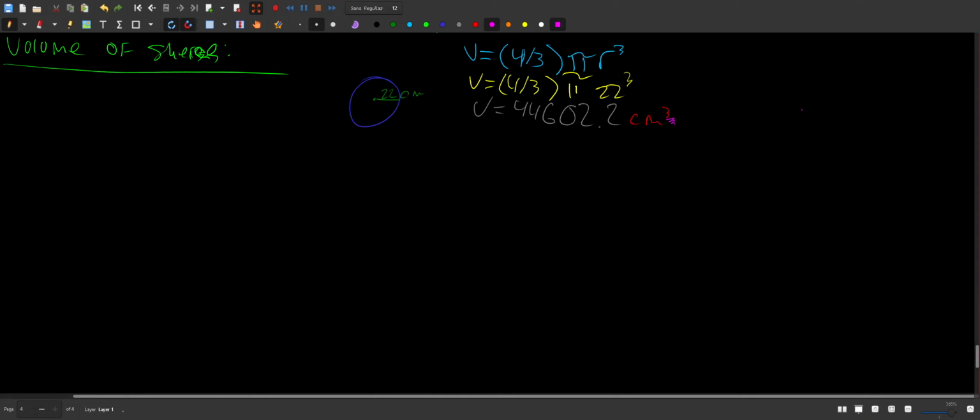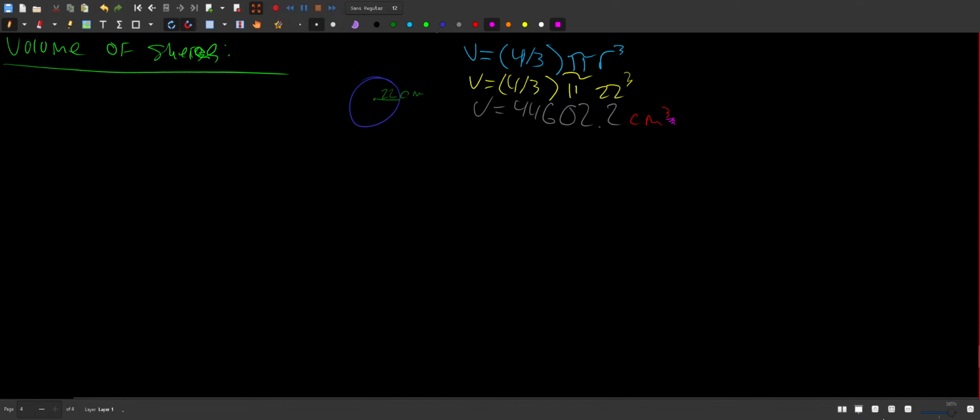Oh, I also forgot the square pyramids. So let's see if I have any more room. I do. All right. Volume. Pressing my little buttons here.